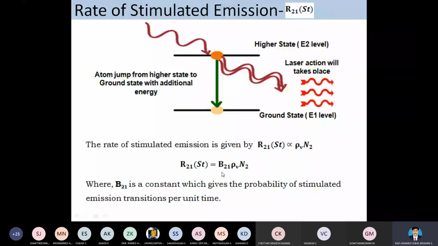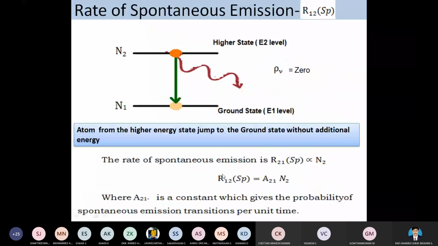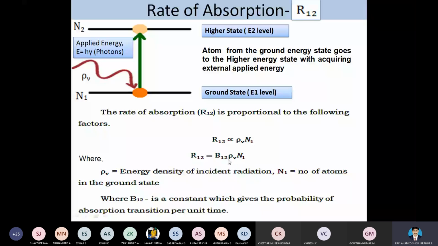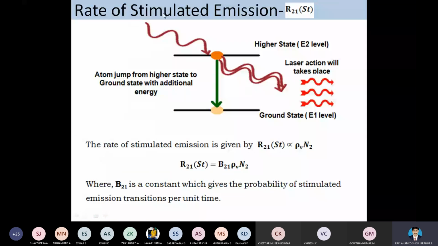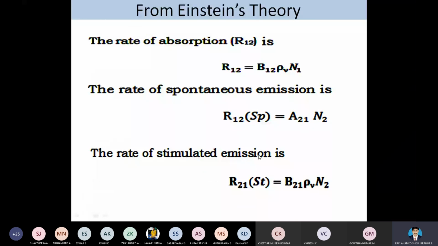So the first, the rate of absorption, R12 equals B12 rho V N1. The second parameter, the rate of spontaneous emission, R21 equals A21 N2. The third parameter, the rate of stimulated emission, R21 equals B21 rho V N2. So totally we are having 3 rate equations that we can see here.